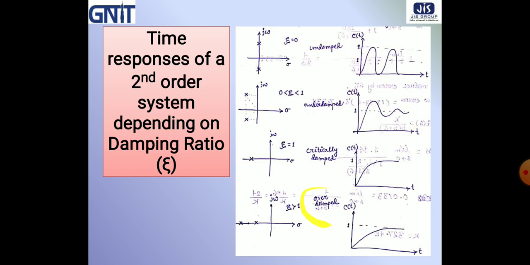And for the overdamped case, the time response will be like this. That means it will saturate after a certain time. So that is our time response for the overdamped case.